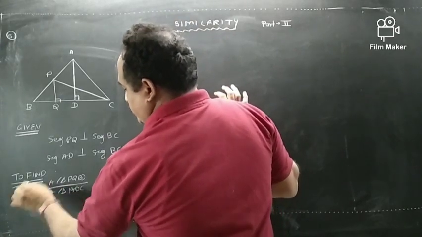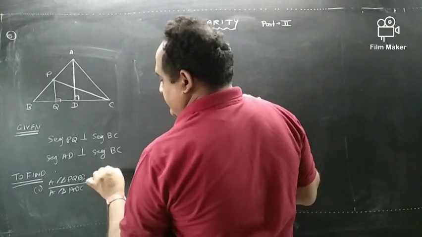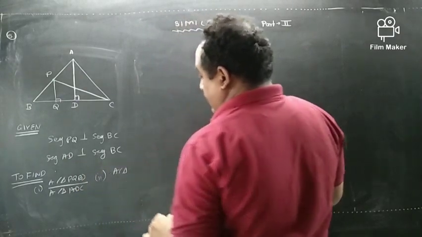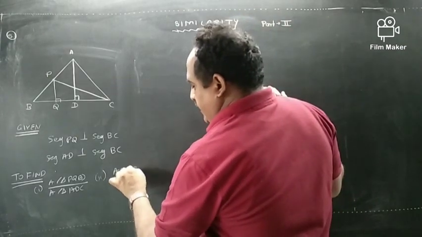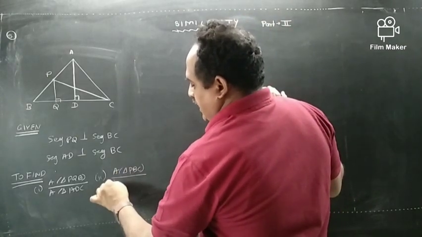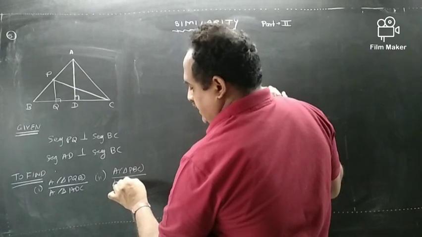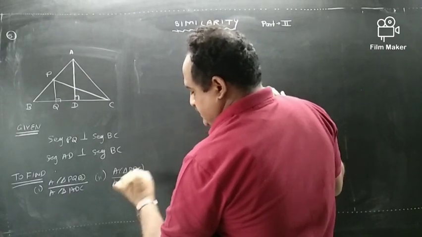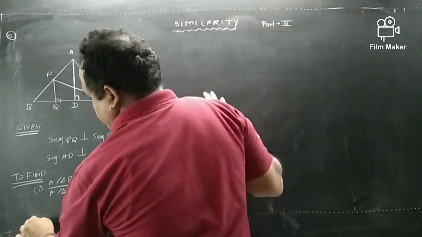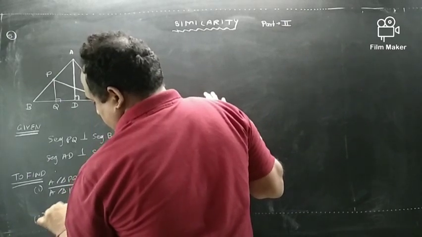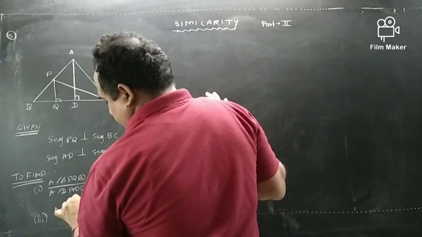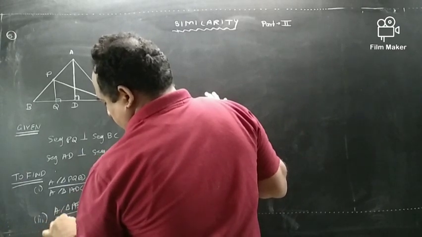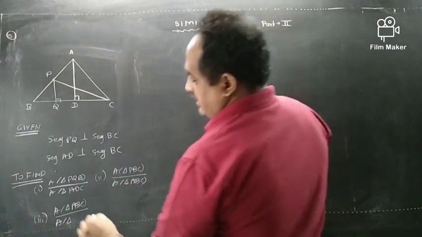That is the first question. Second, we have to find the area of triangle PBC upon the area of triangle ABC. Third question is the area of triangle ABC upon the area of triangle ADC.